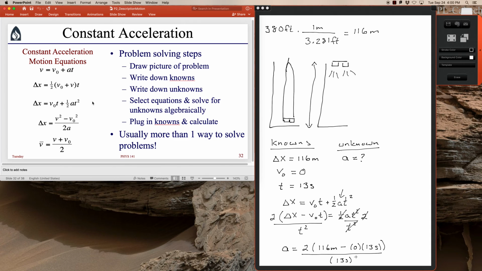So this then would give me an acceleration of about 1.37 meters per second squared. So that would be my solution to this problem.